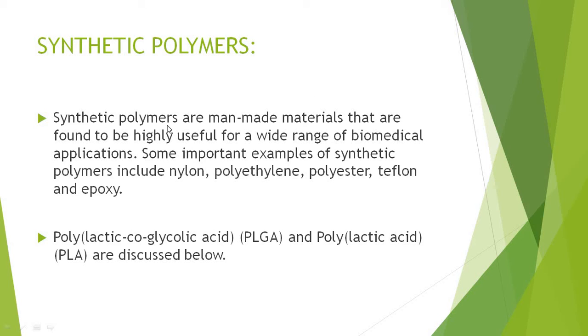They are made in the laboratories. Artificial polymers are nothing but the synthetic polymers. Some important examples of synthetic polymers are given here, like nylon, polyethylene, polyester, Teflon and epoxy. All these are the examples of artificial polymers or synthetic polymers or man-made polymers.